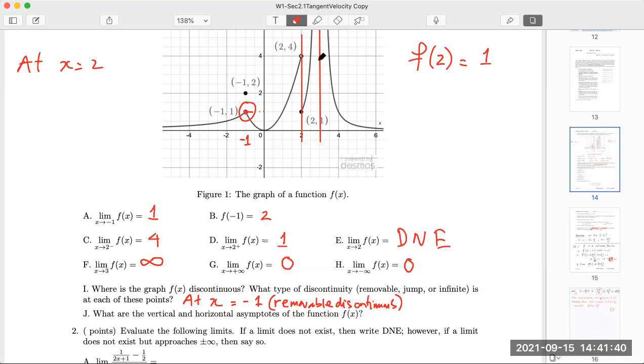That is why it has the name jump discontinuity. At x equal to 3, the limit of f of x goes to infinity. Therefore, at x equal to 3, it is an infinite discontinuity. That's it for question I.